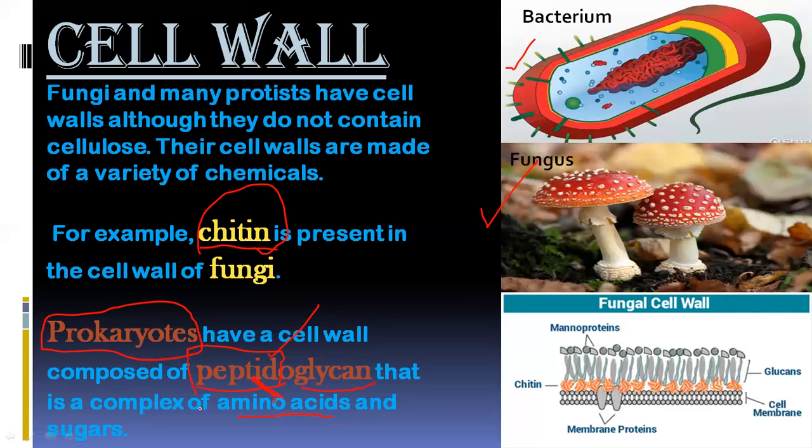So its cell wall is made up of amino acids like proteins and sugars, meaning glucose, carbohydrates. So carbohydrates and proteins are combined together to form peptidoglycan. So the prokaryotic or bacterial cell wall is made up of peptidoglycan, which is a complex, big molecule of amino acids and sugar.